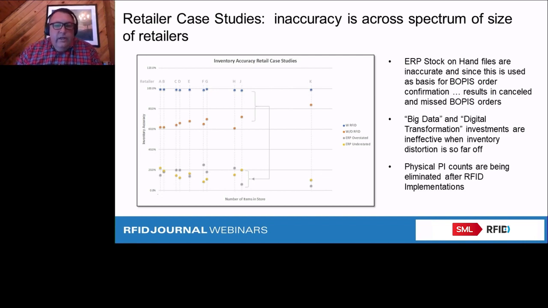The blue dots is where they got to with RFID, and the delta between those two represent the overstatement and understatement of inventory down at the bottom in the yellow and the gray. And what this means is lots of problems with executing BOPIS because your uncertainty is so large, and it's usually worse than normal because the items that tend to have the biggest inventory distortion tend to be the most popular items in the store as well through the studies that we've done.